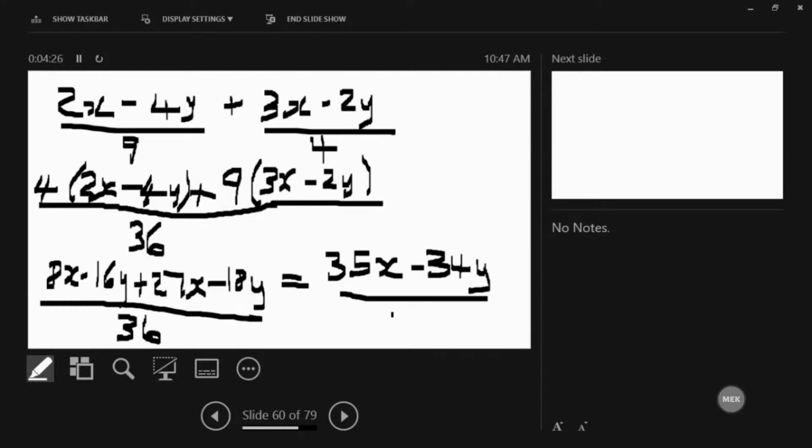All over 36. And this is as simple as it gets because we're not able to cancel all 3 terms. There's no number except 1 that can go into 35, negative 34, and 36. So that is how we leave it.